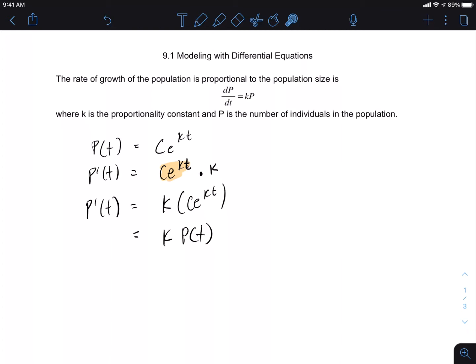So that's where the formula comes from. There's a proportionality between the population and the rate of growth of that population, and it's this formula.